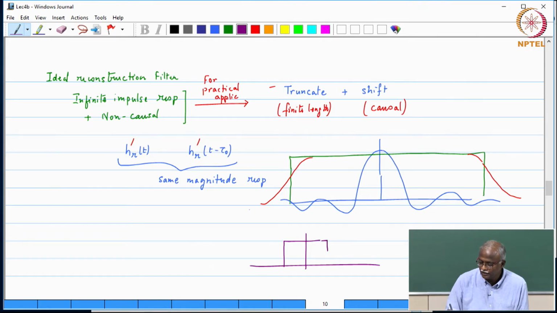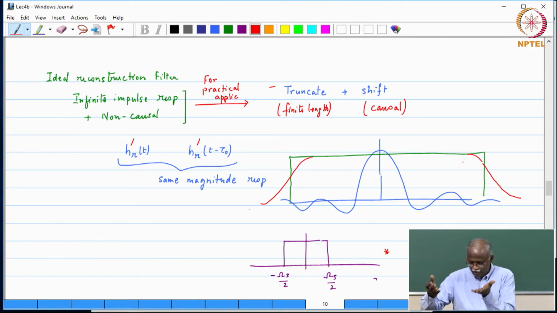Now, the corresponding frequency domain interpretation of what we have done: the ideal reconstruction filter is a brick wall filter which goes from minus omega_s by 2 to omega_s by 2. The effect of truncation means that I am multiplying in the time domain, which means I have to do a convolution in the frequency domain. These windows, if you look at their response, are low pass in nature.